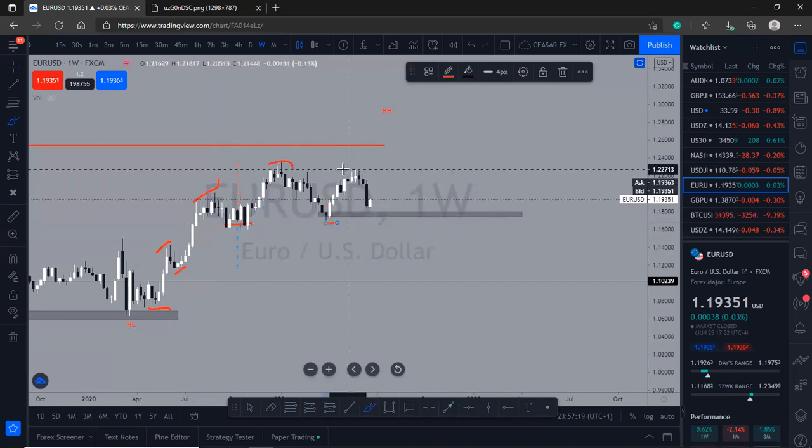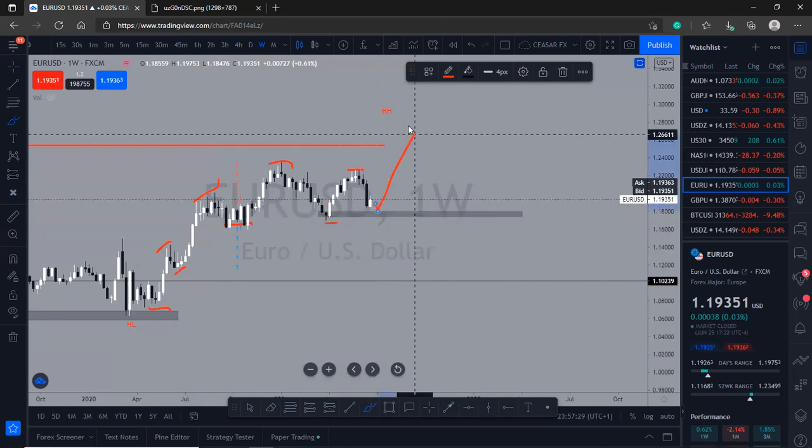Now it failed to create the new higher high. Now we can still expect the push to the downside, tapping into this other block, and then the push to the upside, creating the new higher high somewhere here. So this is what we are expecting according to USD weekly time frame.